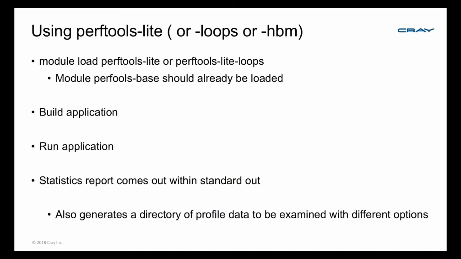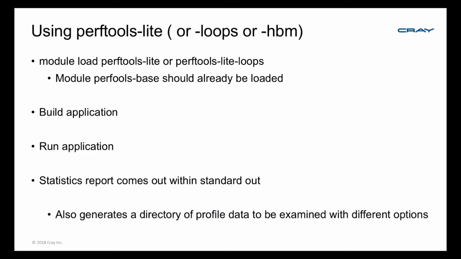Now, the first thing we're going to do is use Perftools-lite. And to do this, all you have to do is module load Perftools-lite. Later, we will use Perftools-lite-loops. Now, these modules require that Perftools, that should be Perftools-base, should already be loaded.